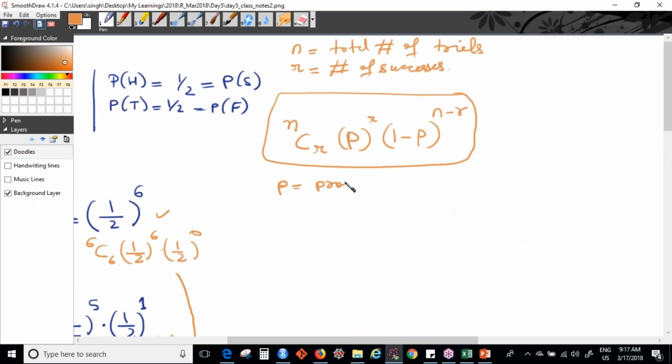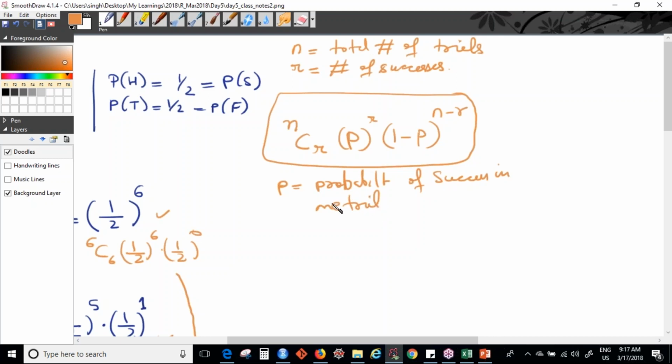p is the probability of success in one trial. In our previous example, our probability was 1 by 2. So 1 by 2 is the probability of getting a head if you toss a coin once. So p is the probability of success in one trial.